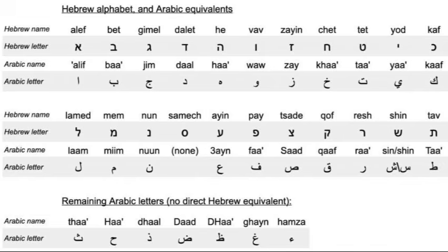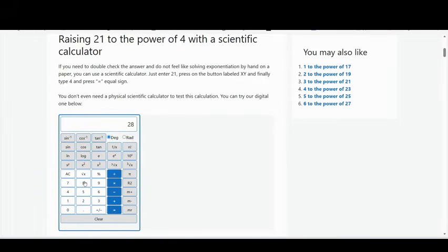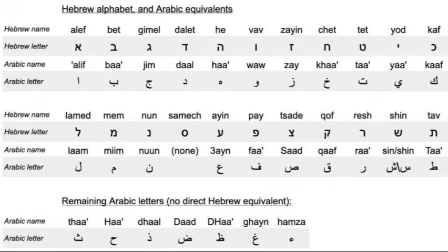Now, if we look at the possible 4-letter Arabic string combinations, you have 28 letters in the Arabic alphabet, and to the power of 4, that gives us a grand total of 614,656 possible 4-letter combinations.